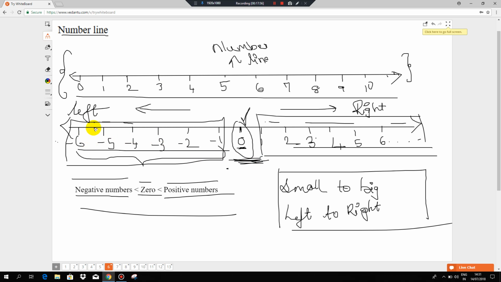See, some numbers have separate names, like negative integers and positive integers. So what will the name of 0 be? Neutral. 0 isn't denoted as negative or positive. That is a neutral number. 0 is the only neutral number.